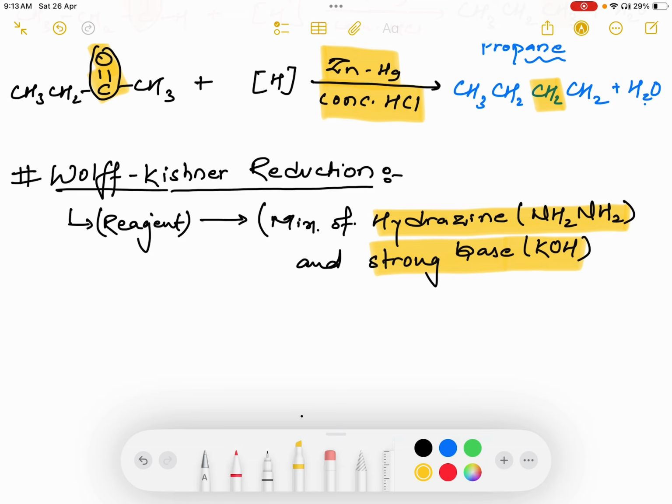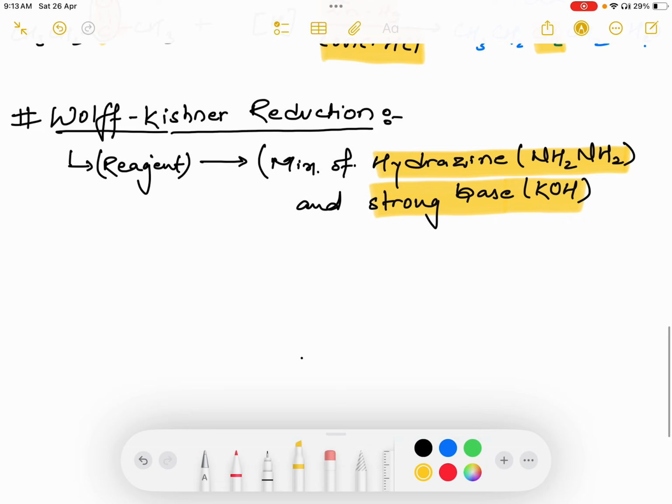So let me show you with the help of a reaction. Again, the same term applies here as well. You need aldehyde or ketone. You'll be treating it with hydrazine, that is NH2 NH2.